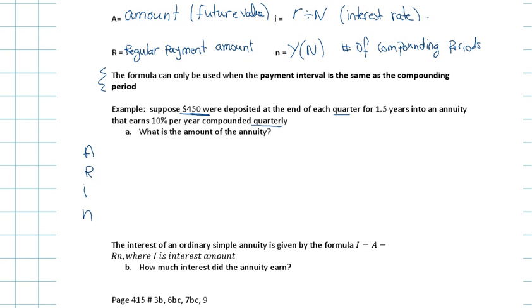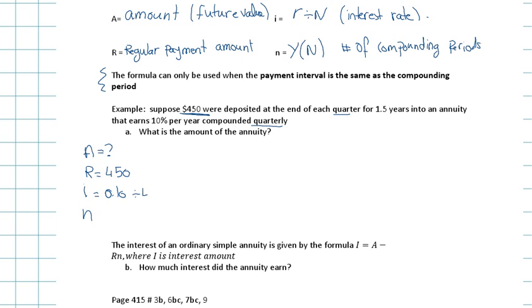So I don't know what the amount is. What's R? 450. What's I? What is the interest rate? It's 0.10, divided by 4 because it's quarterly.